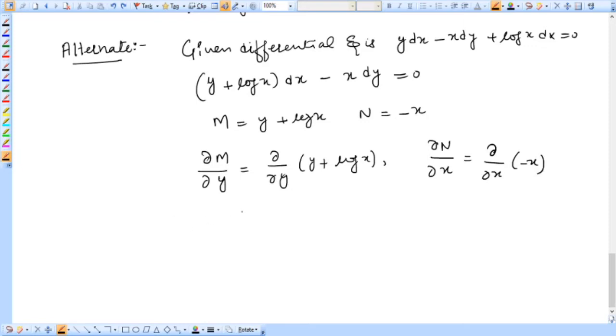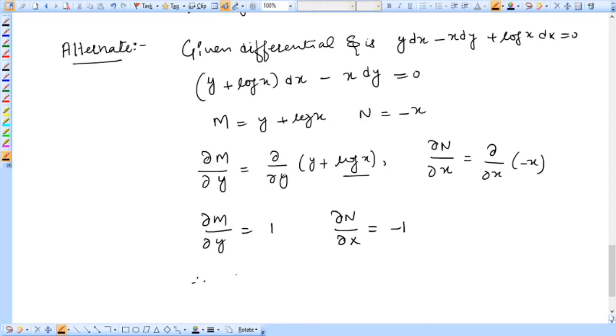So now you see ∂M/∂y is equal to 1, because log x is independent of y and its differentiation would be 0. ∂N/∂x would be minus 1.